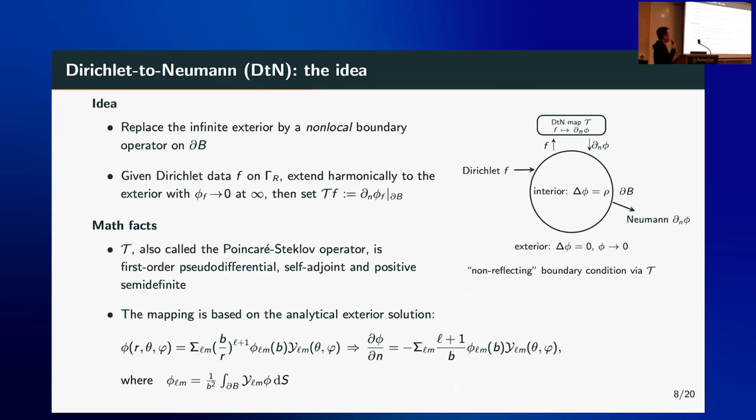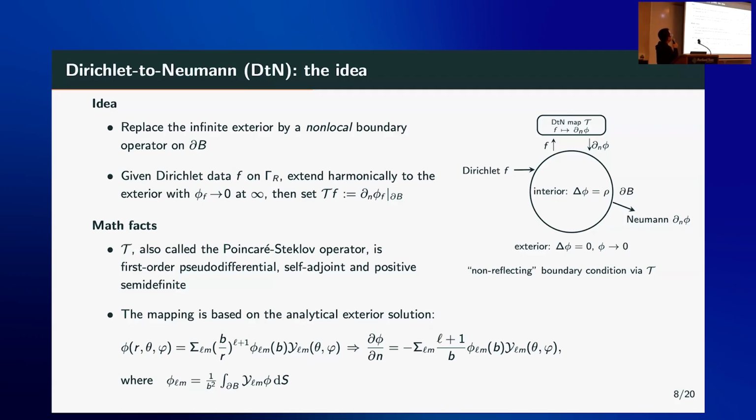The first approach we're talking about is DTN, Dirichlet-to-Neumann. The idea is actually quite simple. If you have a Dirichlet condition on a boundary, and there is such an operator, then when you act on it, it returns the Neumann condition. Then you can form a closed loop, and your system can be solved.